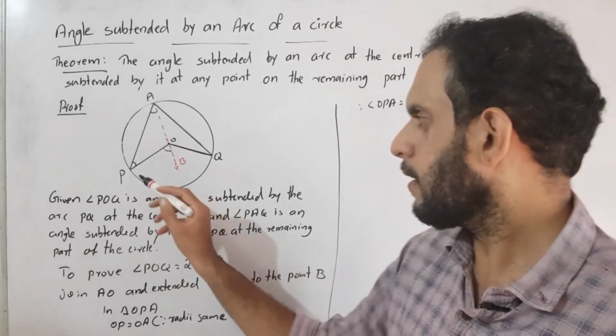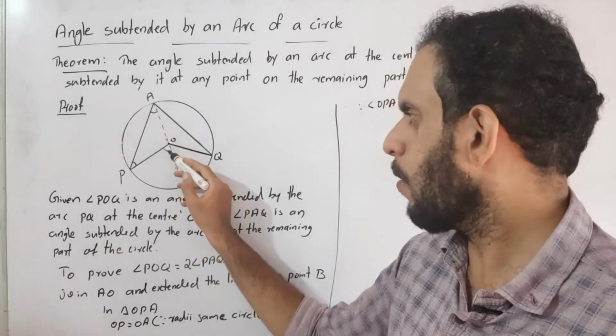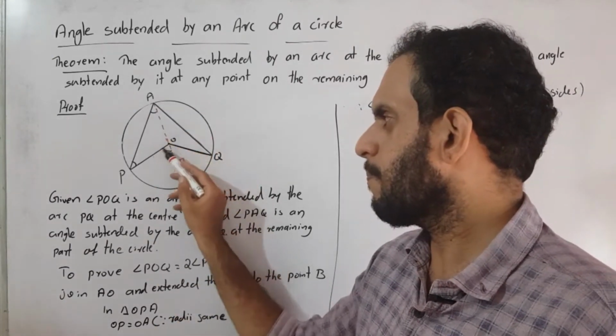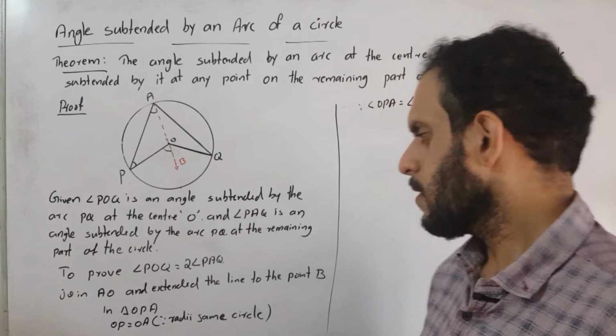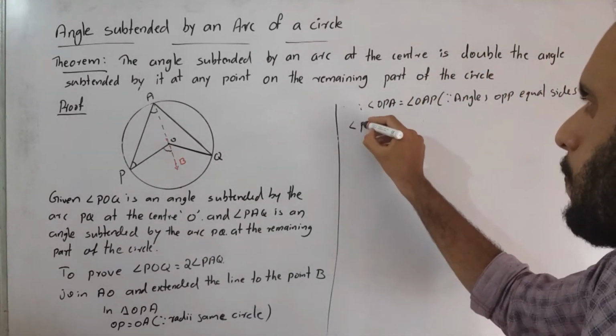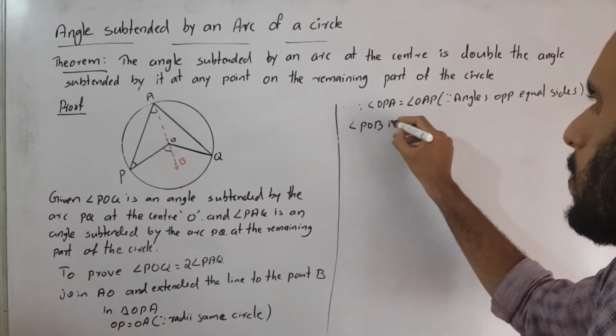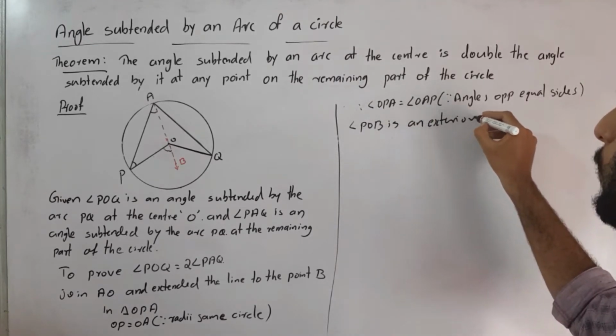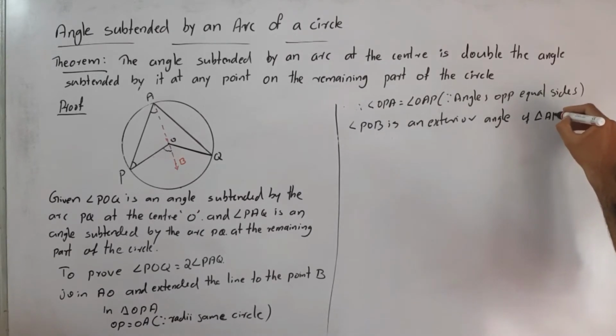Okay, very clear, angle POB is an exterior angle of the triangle APO. Correct? So then what is next? We are writing here, angle POB is an exterior angle of triangle APO.